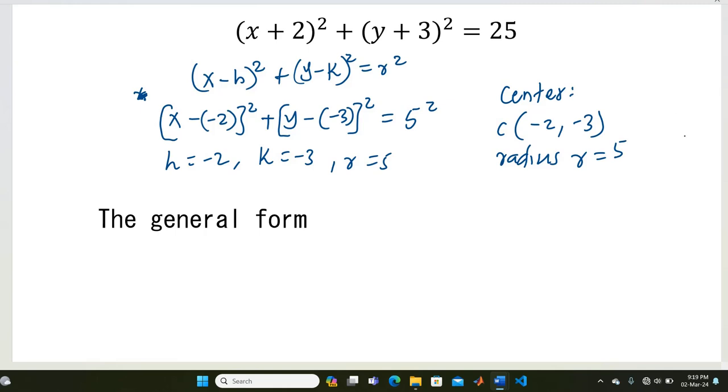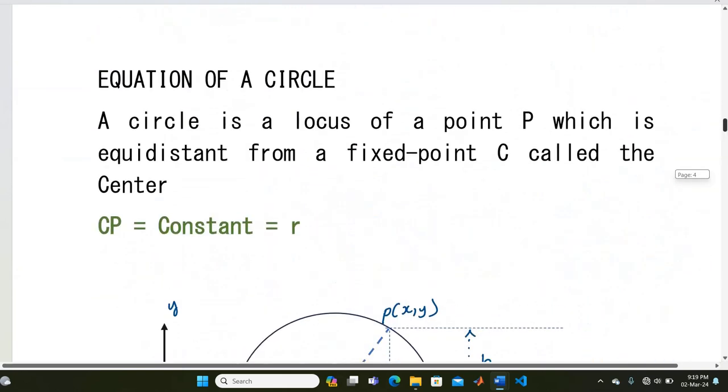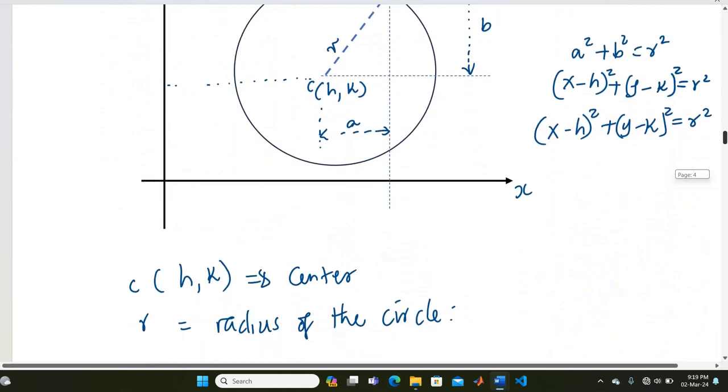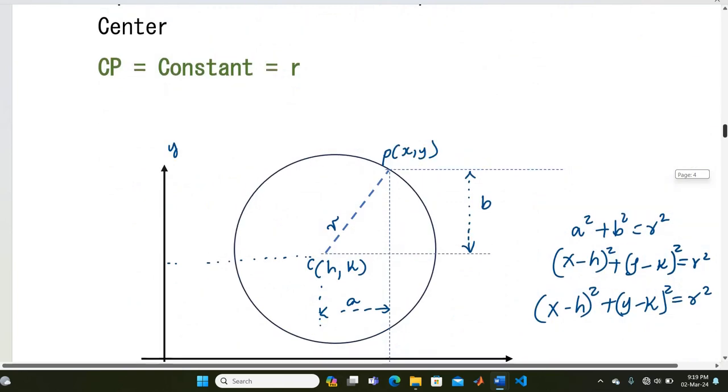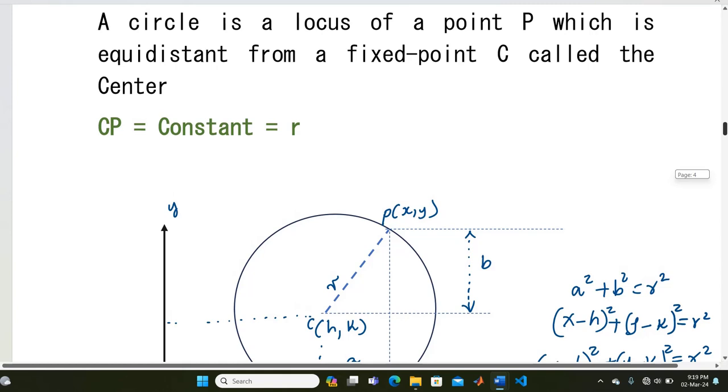So, ladies and gentlemen, that's all about a circle. We have first of all said a circle is the locus of a point P about a fixed point C. But of course, we are saying that point P is equidistant from point C, and the distance CP is a constant all around.